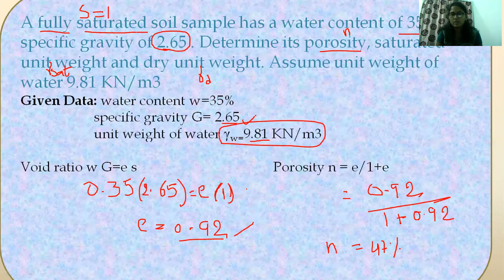So for any problem, first of all, clearly understand the problem. What are the values given in the problem, first of all, write the given data. You can write in step by step. Next, we'll write the formula. What is the related formula used for determine the particular element?